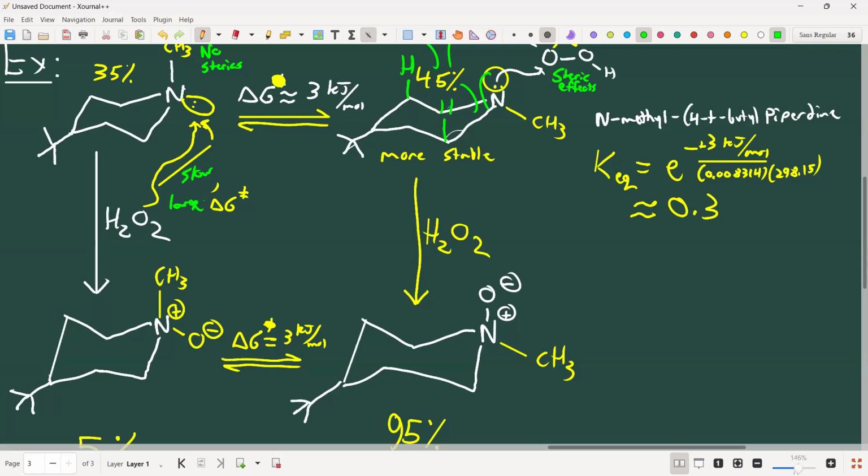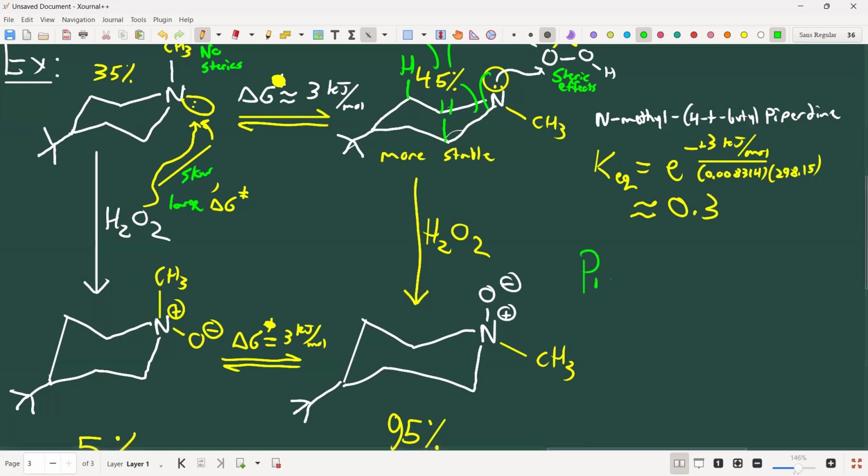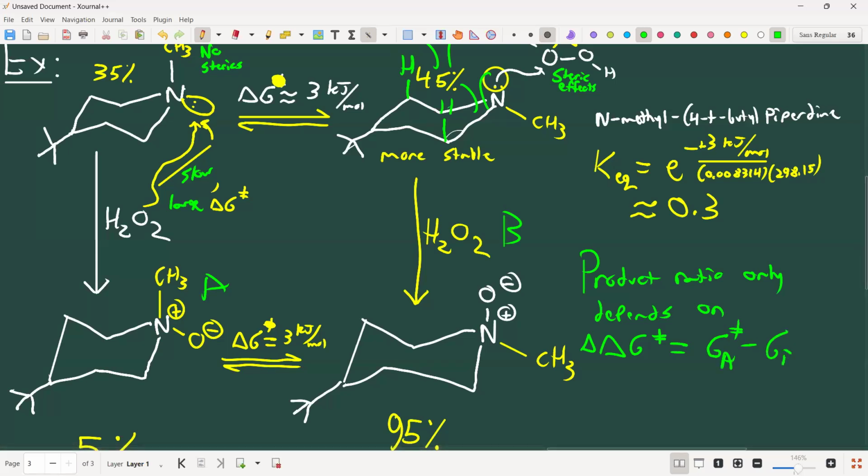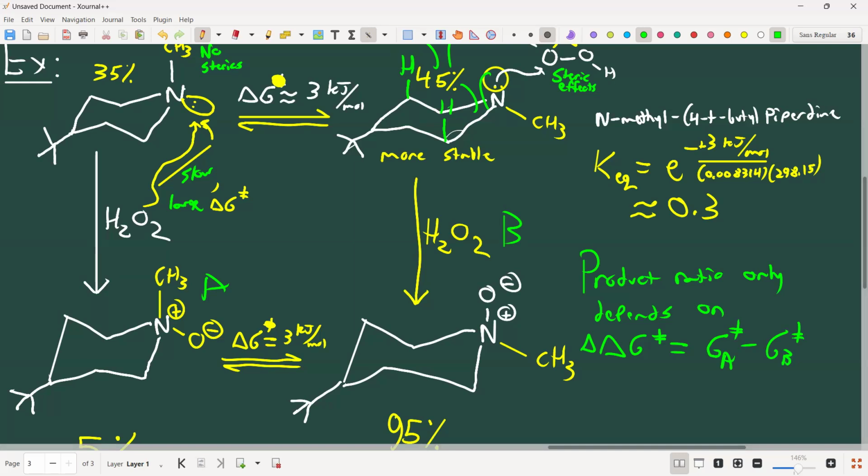And because of Curtin-Hammett, remember, the product ratio only depends on delta G activation, which is the activation energy of, say, A, we'll call this one B, G_A minus G_B. And so this has a much faster rate, and this has a much slower rate of attack.